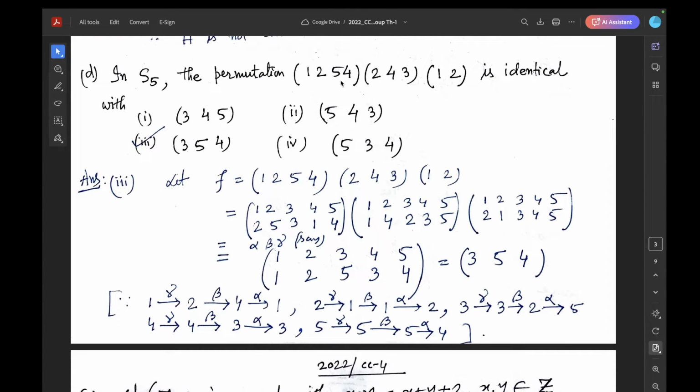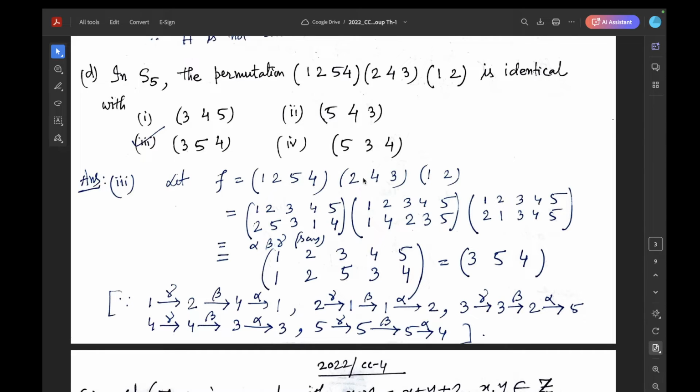Now the given permutation, say F, in this symmetric group S5. So we can write (1 2 5 4). So 1, 2, 3, 4, 5: 1 image 2, 2 image 5, 5 image 4, and 3 to 3, 4 to 1.